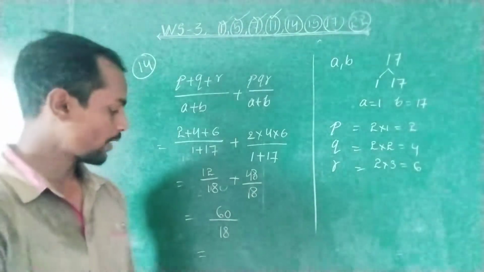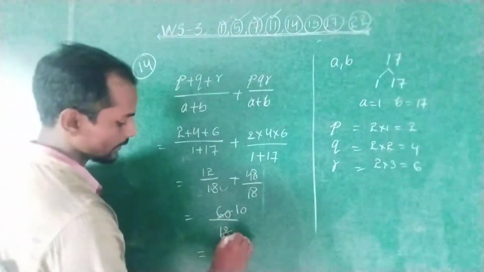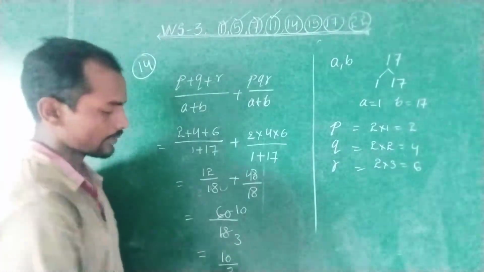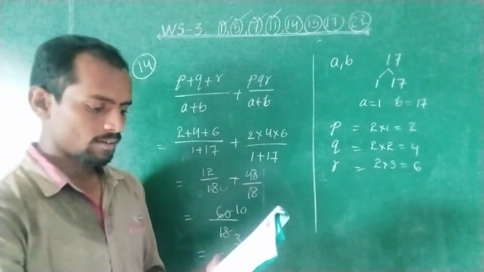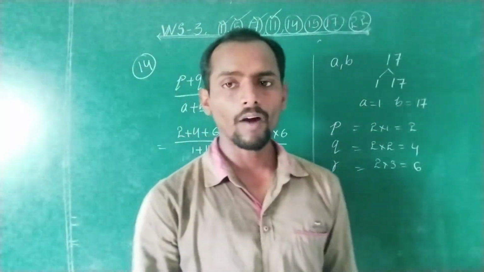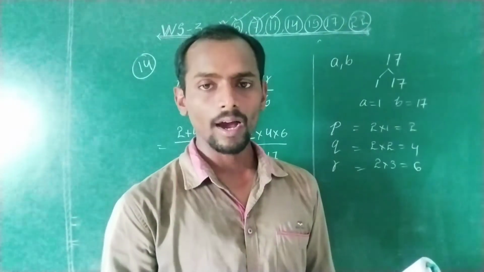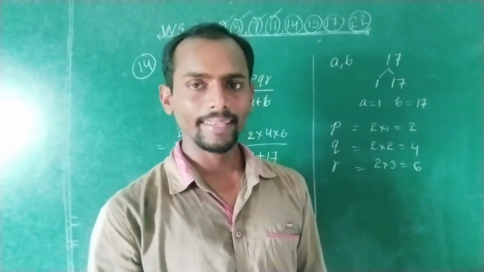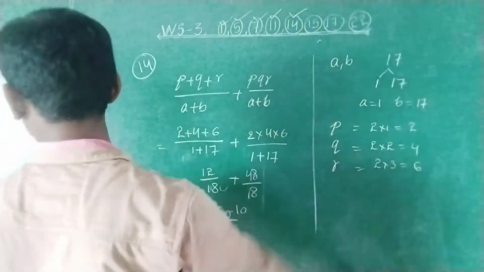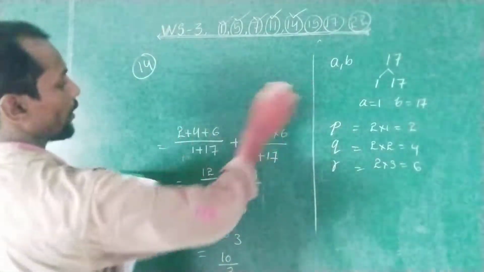Convert into simplest form. Divisible by 6. 6 tens are 60, 6 threes are 18. Now 10 by 3 is the correct answer. Your options: Option A 40 by 3, option B 10 by 3, option C 20 by 3, option D 50 by 3. So this is problem number 14. Let us discuss problem number 15.